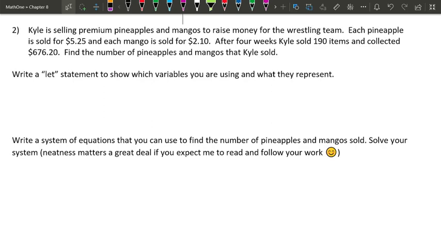So, first of all, write a let statement. Since I know the cost of each mango and each pineapple, I'm going to say that my variable is going to represent how many of each I've sold, so the number of items.